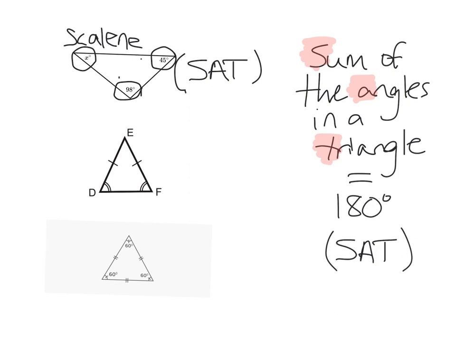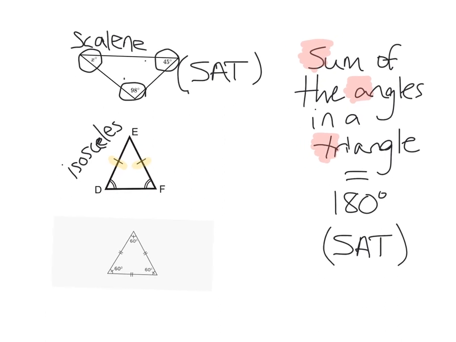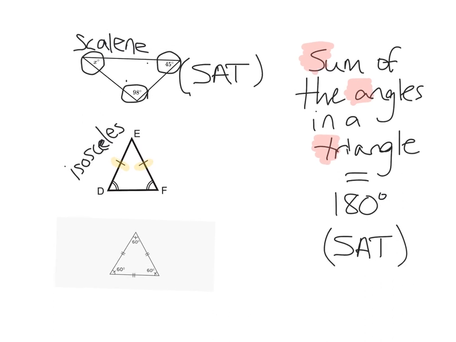This next triangle is called an isosceles triangle, and I know it's isosceles because I have two equal sides, and it doesn't matter how this triangle is organized or oriented. I could have a triangle that goes that way, right?